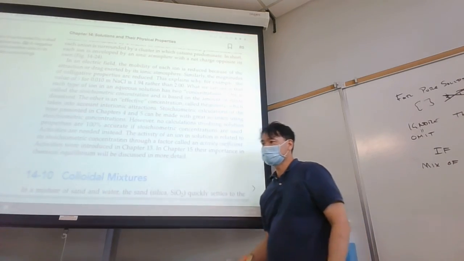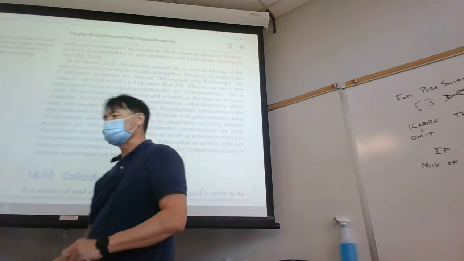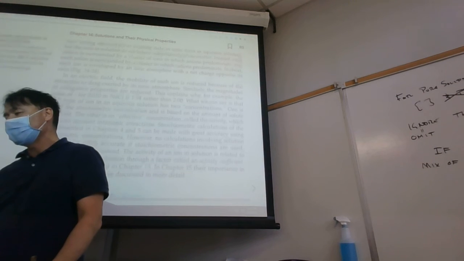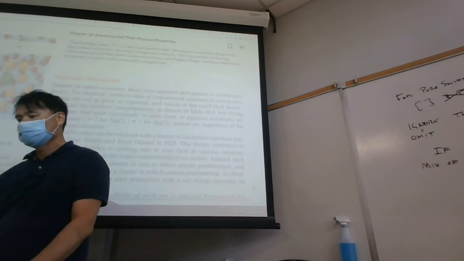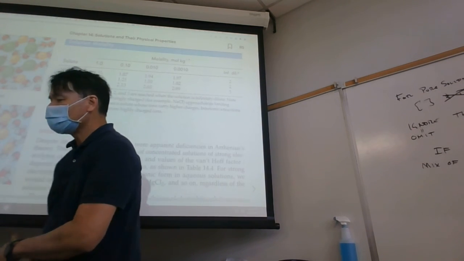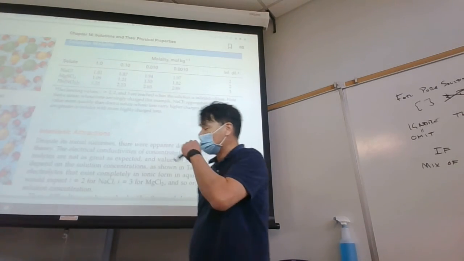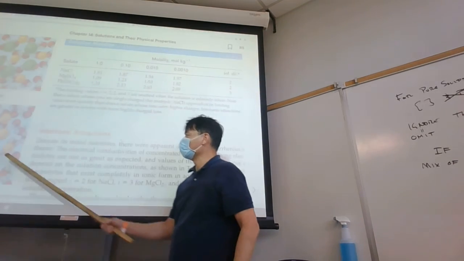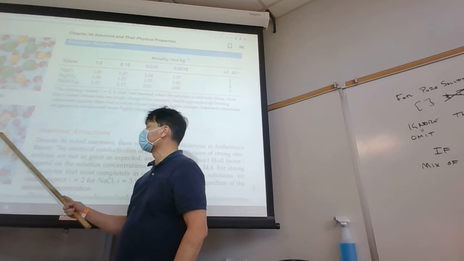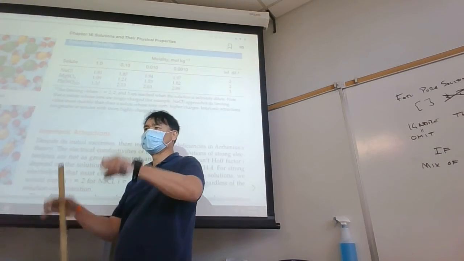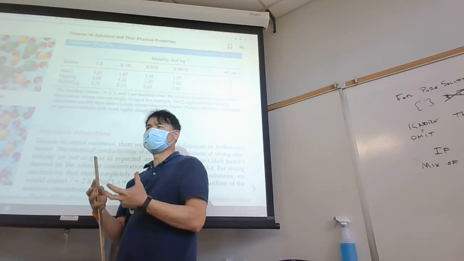And the effective concentration can be different than the stoichiometric concentration because of something called ion pairing. What happens is that sometimes the ions don't completely break free apart from one another. Sometimes there are some interionic attractions that make the ions stick together.